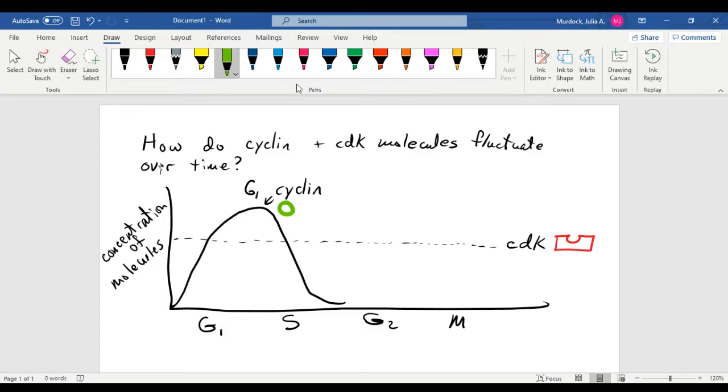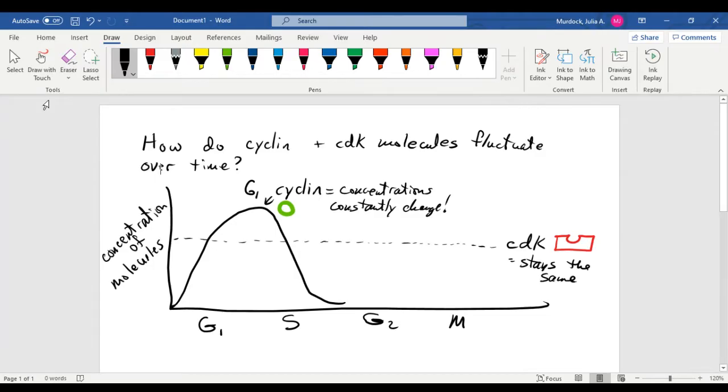So remember that cyclins fluctuate, CDKs do not. Cyclins, their concentrations constantly change. CDK stays the same. Okay? Now that's my simplistic rendering of how this is all working.